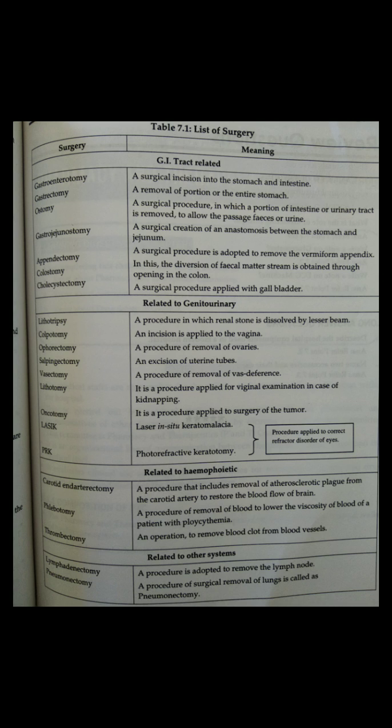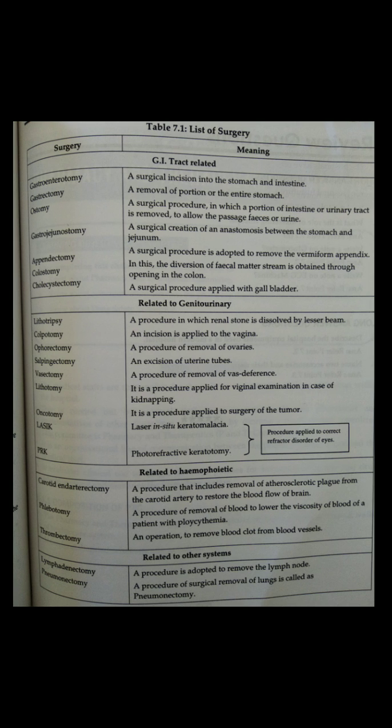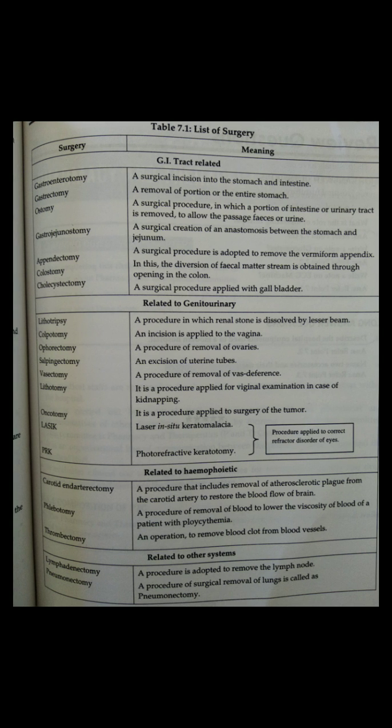Then phlebotomy, the meaning is a procedure of removal of blood to lower the viscosity of blood of the patient, in polycythemia. Then next is thrombectomy. The meaning is an operation to remove a blood clot from a blood vessel.